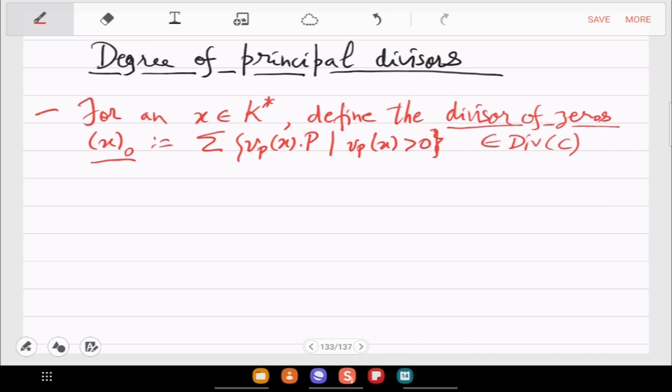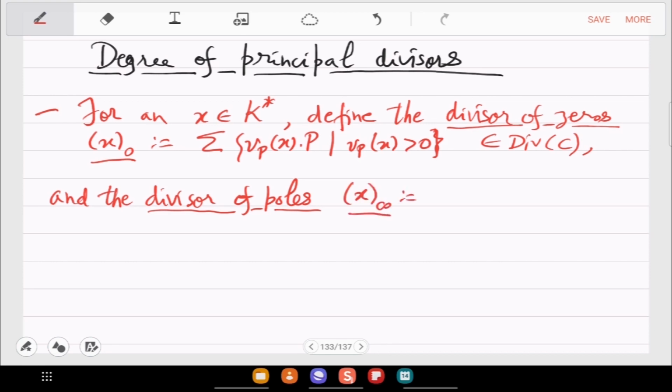in the absolute divisor group, and similarly the divisor of poles. These are the poles, which means the valuation is negative. We'll call this x_infinity. It's the minus of the sum over negative valuations.